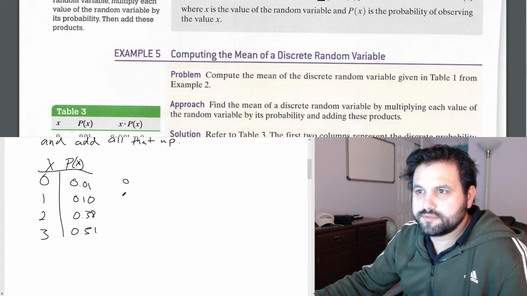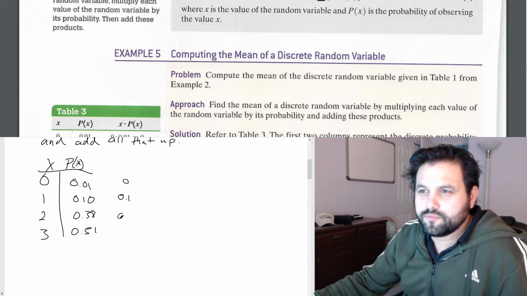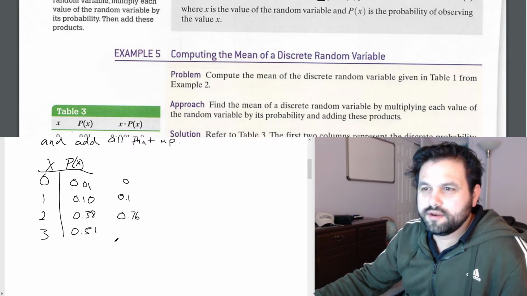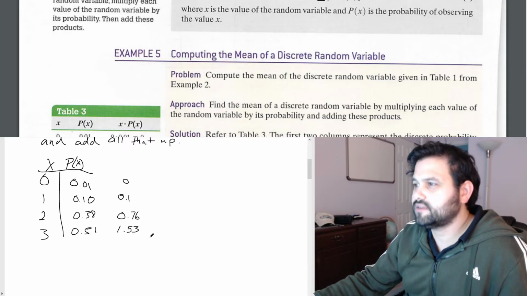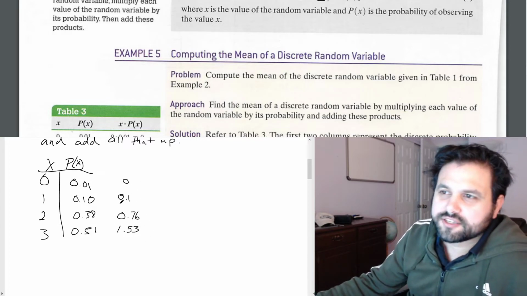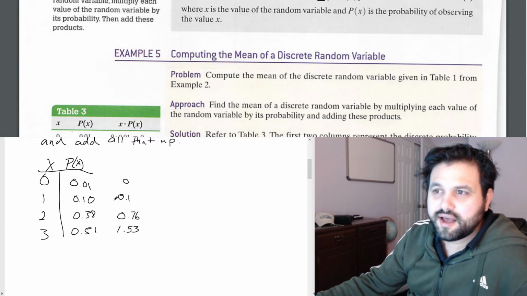Multiply 1 times that, it's nice as well. 2 times 0.38, what would that come out to be? 0.76, hopefully. And then 3 times 0.51, what's that going to be? 1.53, is that correct? Yeah. All right, so we multiply it across, and then we just add all of these up.